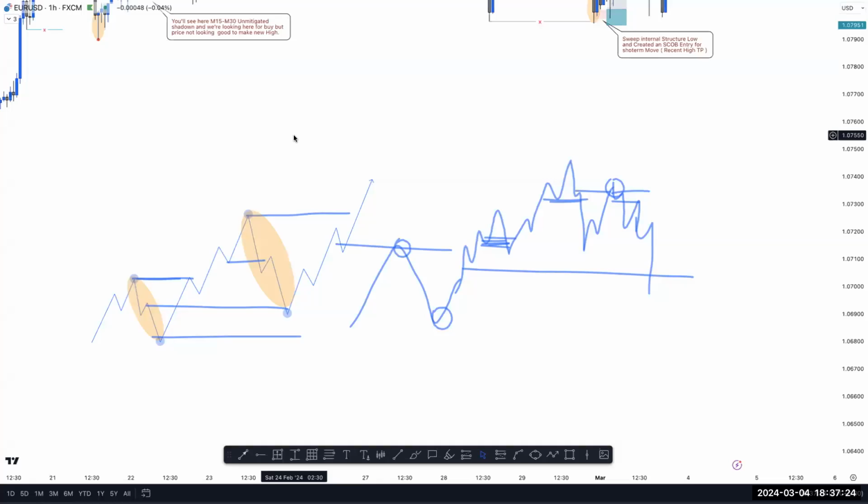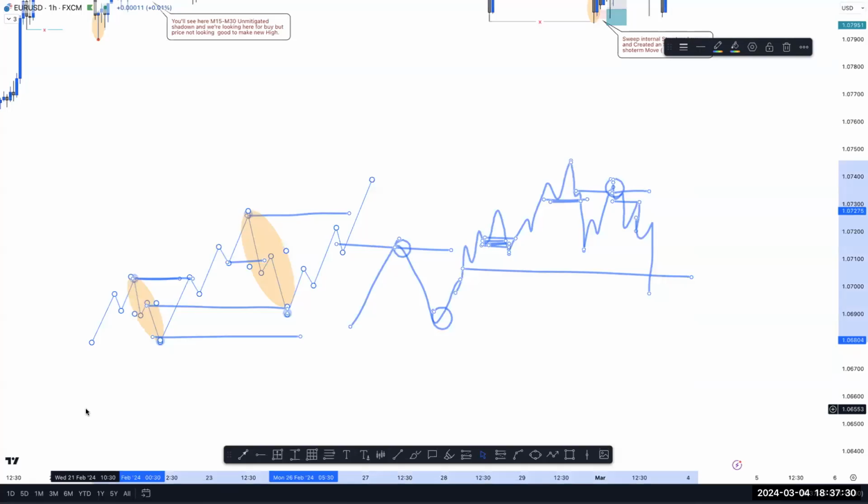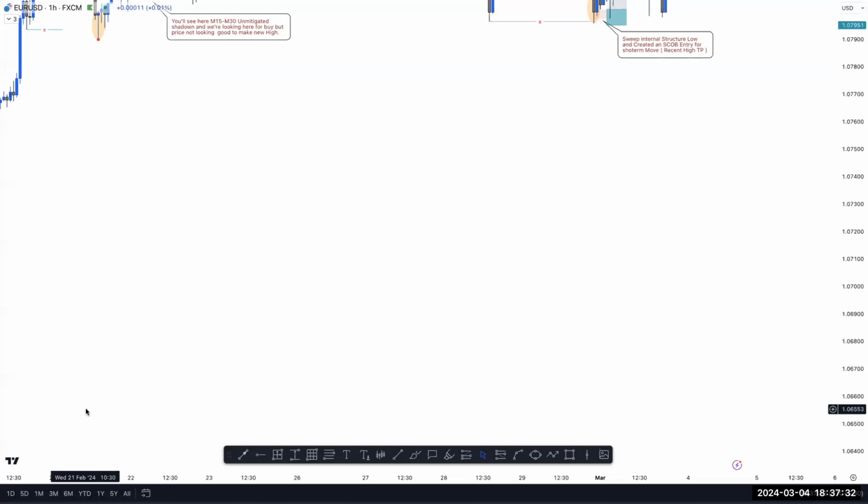So there are two or three ways to trade internal structure. Okay, and this is a very long topic, so it's not possible to explain in a few minutes, but I'm just giving you an overview of how you can identify it. Simply you have to wait for it to break the previous high, a break of structure, and then switch to a lower time frame, and then wait for the first low to be broken.